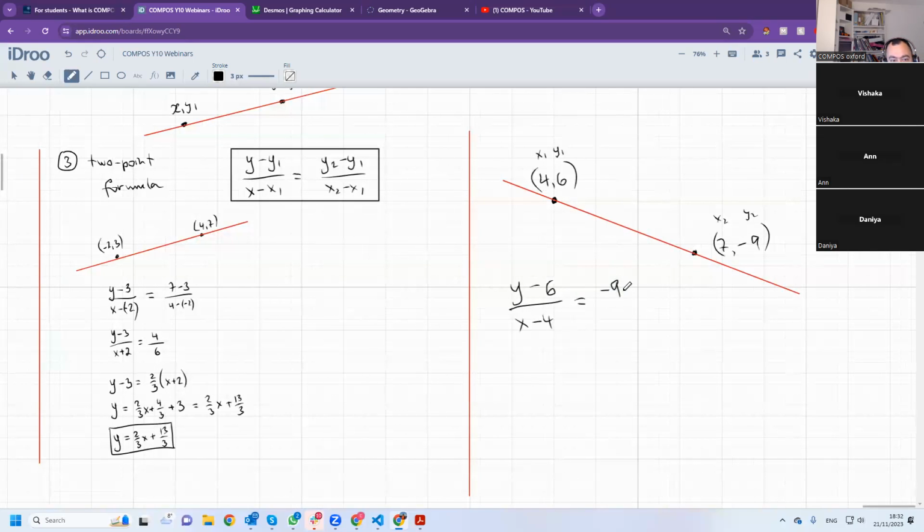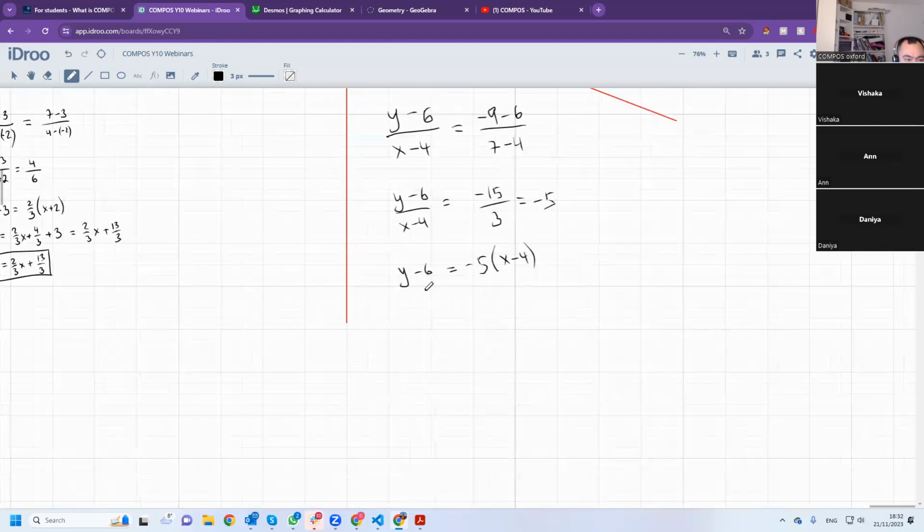So minus 9 minus 6 over 7 minus 4. Then I simplify: y minus 6 over x minus 4 equals minus 9 minus 6, which is minus 15, over 7 minus 4, which is 3, so that is minus 5. So y minus 6 equals minus 5 multiplied by x minus 4.